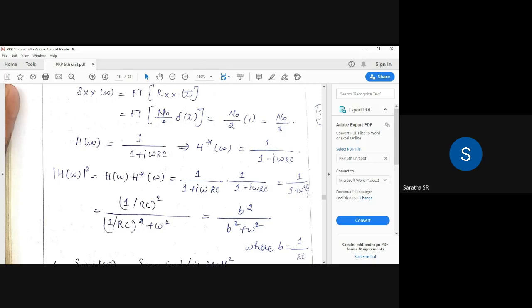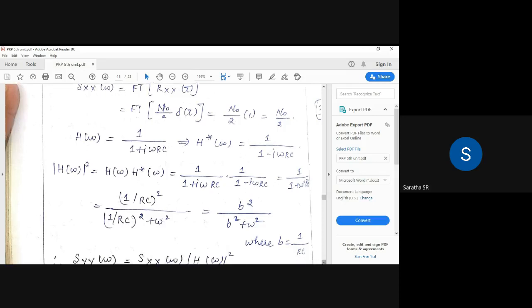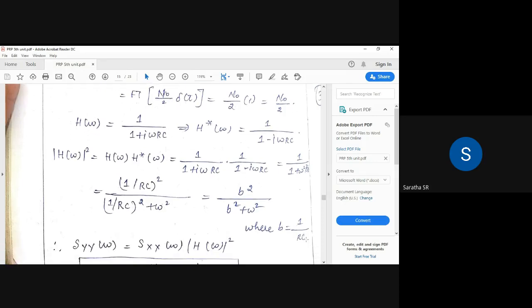That R square C square and this R square C square will be cancelled, so we got this term only. After that we take this 1 by RC as B for simplification, where B equals 1 by RC. For the simplification only we are doing like this.